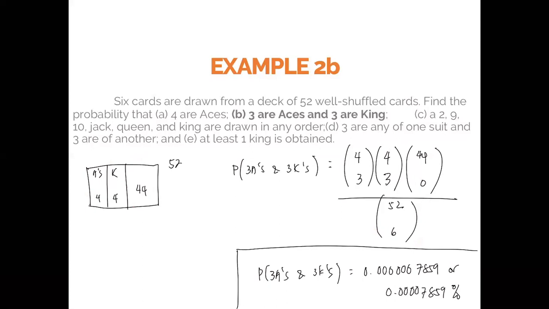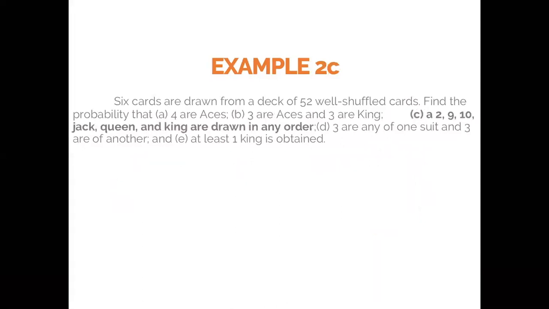Okay? Next. A 2, 9, 10, Jack, Queen, and King are drawn in any order. Okay? So, in any order daw siya pwedeng ma-drawn. So, gagawin ulit natin yon, so we have 52 cards. Then, ito yung para sa 2, 9, 10, Jack, Queen, King. Okay? So, yan mga yan, meron tayong tiga-apat, no?